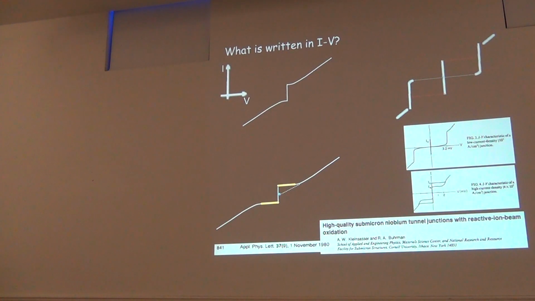This is work done at Cornell and then later at IBM by Alan Clay Sasser, who was making high quality submicron niobium junctions. When the JC is low, you have perfect Josephson junctions. These are probably the junctions that we would use for digital electronics.